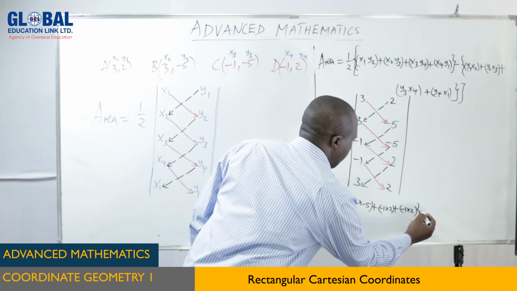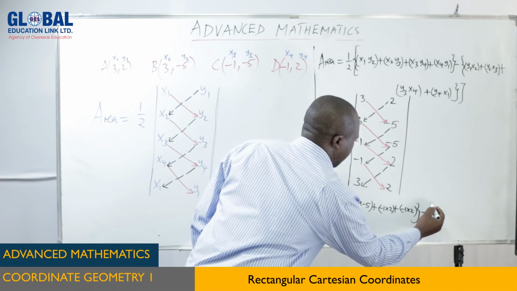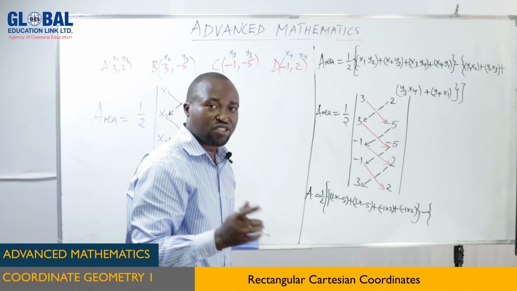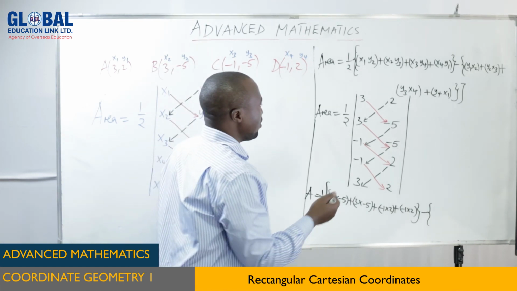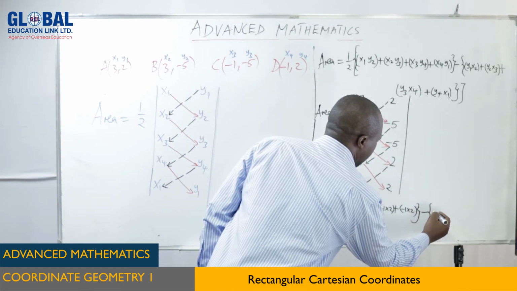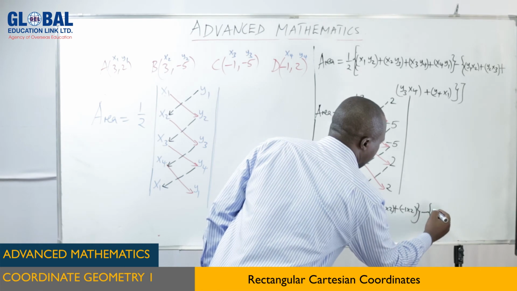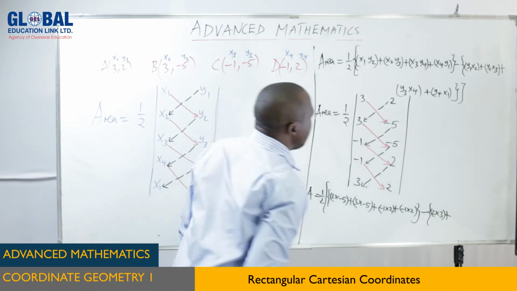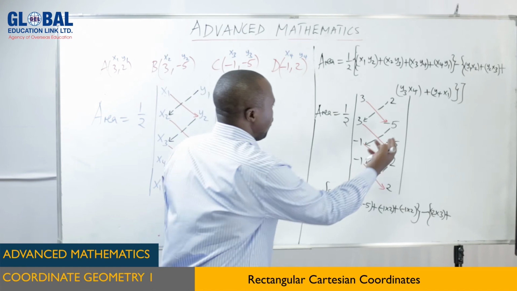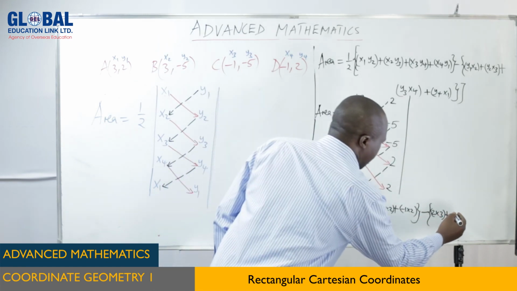So this one we minus the dotted arrows. So the dotted arrows here we have 2 and 3. Plus we have -5, -1.